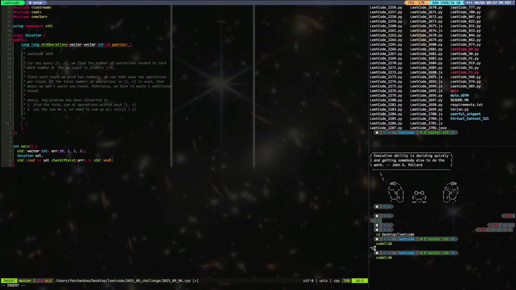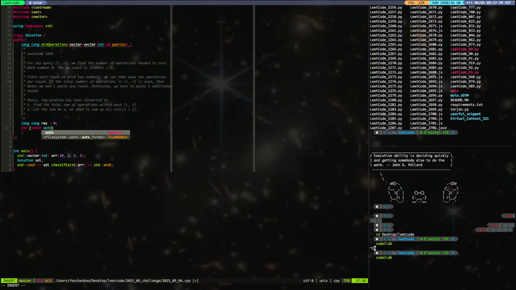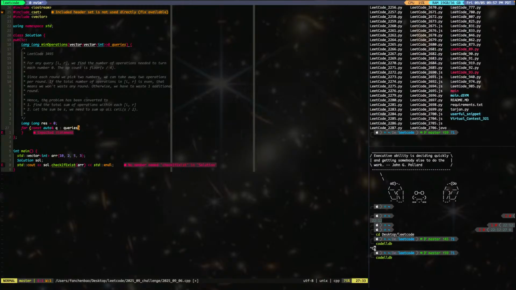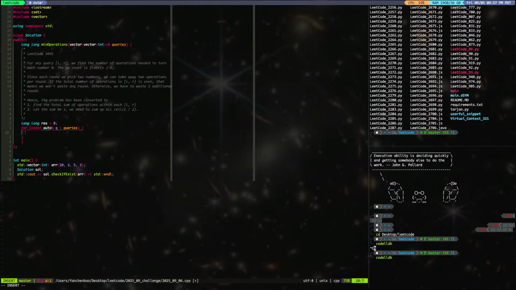Okay, so now what we need is, we go one by one. So we have a long result. That's fine. And then for const auto queue of queries, we say int left is q0, right is q1.